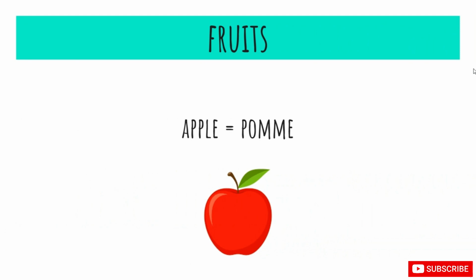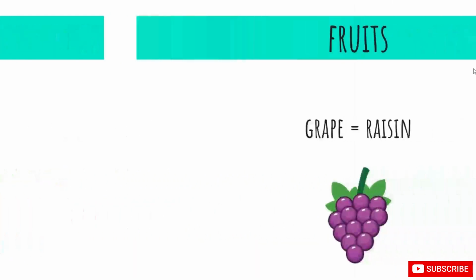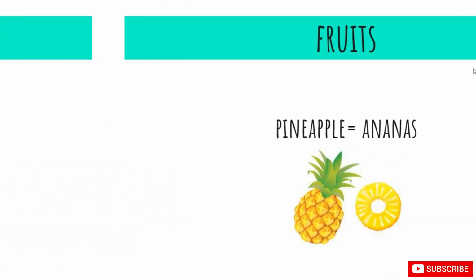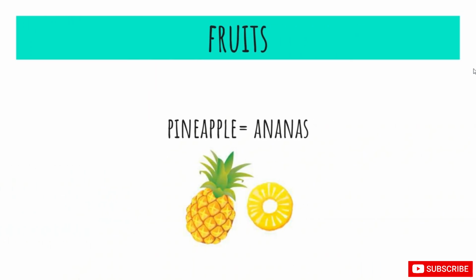Apple, pomme. Grape is raisin. The pineapple, it's ananas. So we don't pronounce the S at the end, it's simply anana, like banana, but without the B at the beginning.